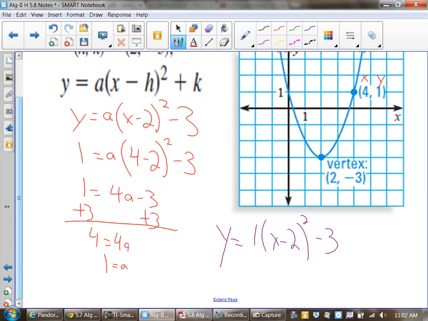Basically, if you think about it, when you start with y equals a, x minus h, quantity squared plus k, you have 1, 2, 3, 4, 5 variables. You're going to be given 4 of them. Solve for a, and then just rewrite. That's all you're doing.